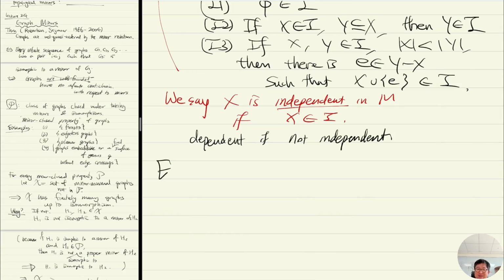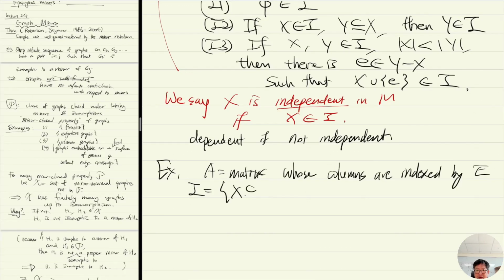One common example: let A be a matrix whose columns are indexed by a finite set E, and let I be the set of subsets X of E such that the columns in X are linearly independent.